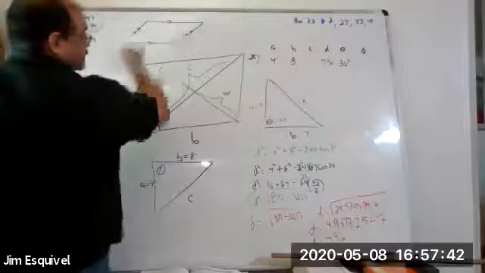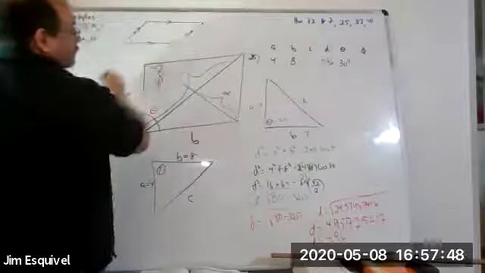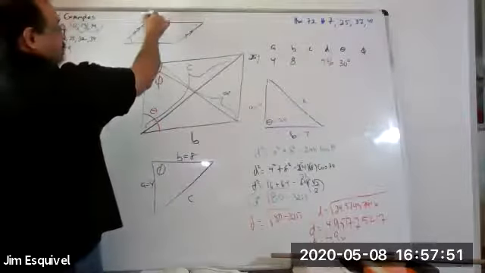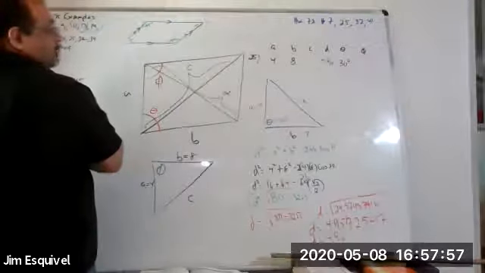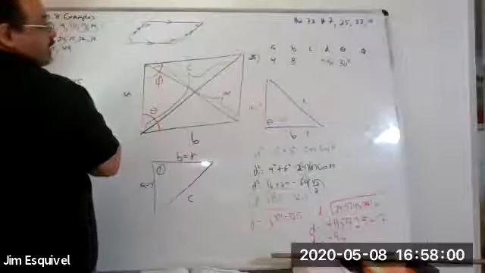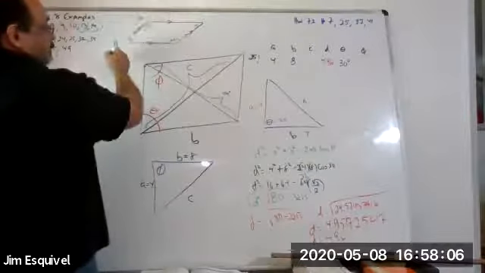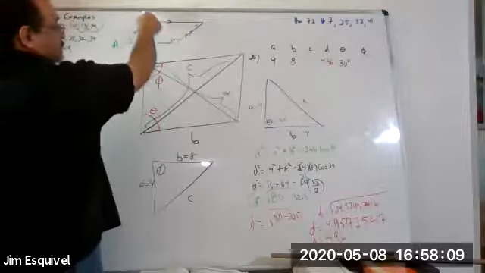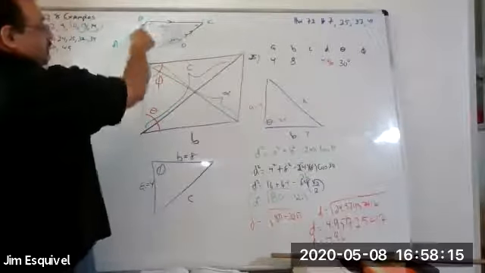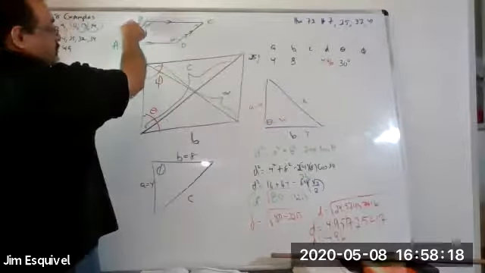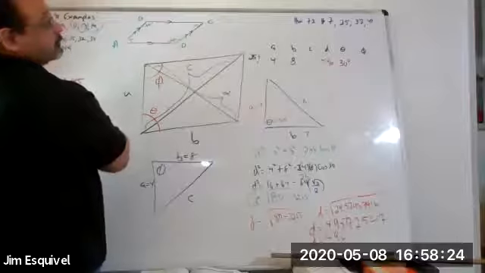So in parallelograms, when you reach deep down into the heart of your geometry, by definition, both pairs of opposite sides are parallel. That's the definition of parallelogram, which means lots of things end up happening. Opposite sides are congruent. Opposite angles are congruent. Those two angles are congruent, and these two angles are congruent. But there's something about consecutive angles. There's a connection between these two angles. Are they at 180?